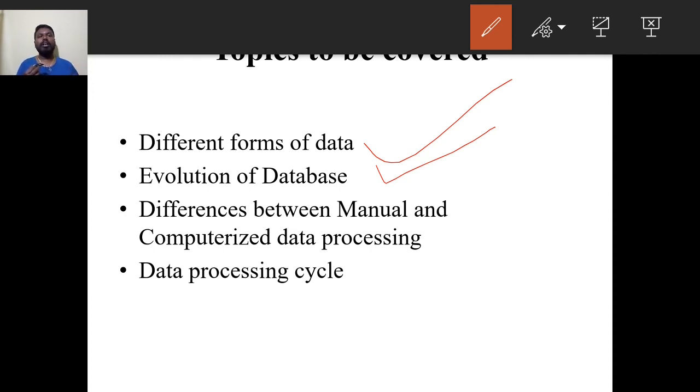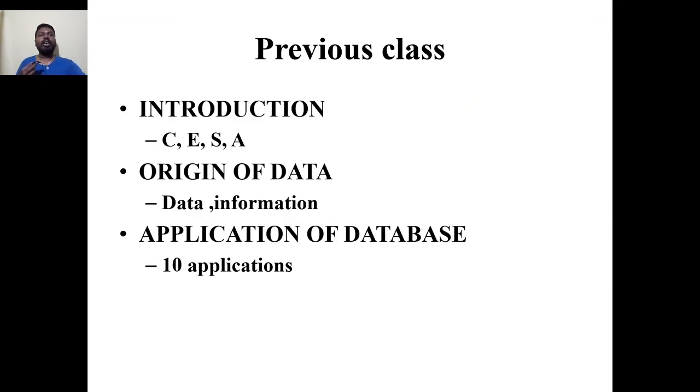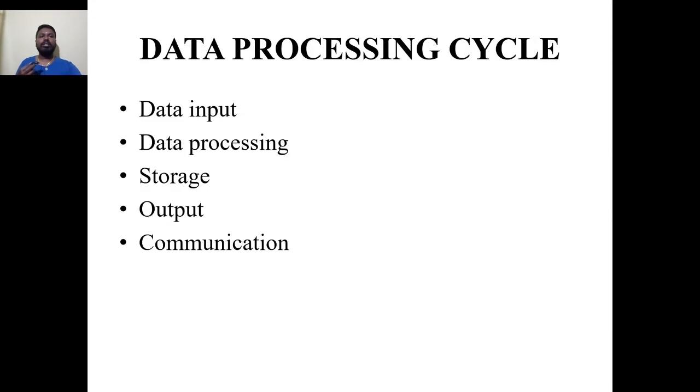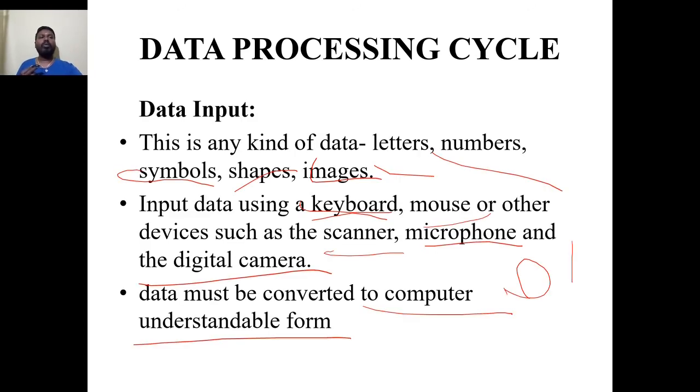The system is called the manual system, the pencil system. This system is very difficult to handle, so computerized data processing entered. We studied the difference between manual and computerized data processing. Then we studied the data processing cycle. In the data processing cycle, there are 5 stages: data input, data processing, data storage, output and communication.